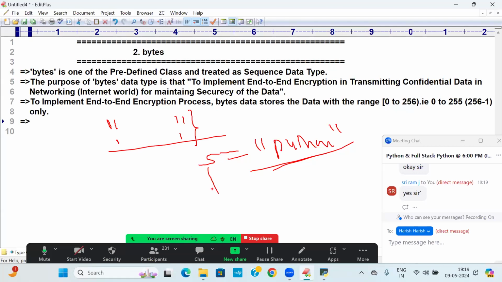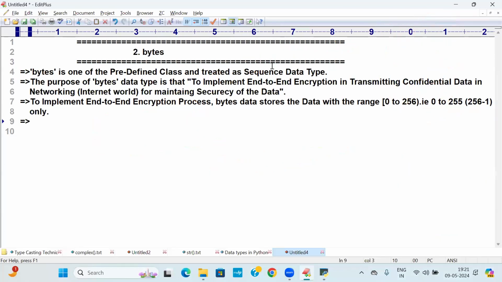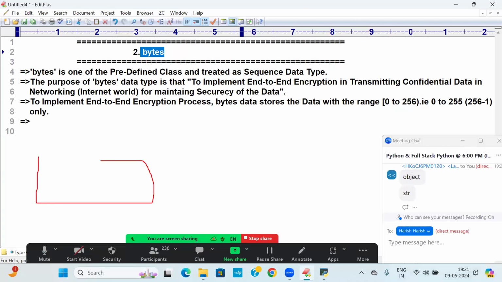Now I am going to say these are called double quotes. This is a notation for representing which data? str data. That means the programmer will write str data in the coding. Correct or not? But the programmer never writes bytes data. Why? Because on one end of the WhatsApp device, I say hello.